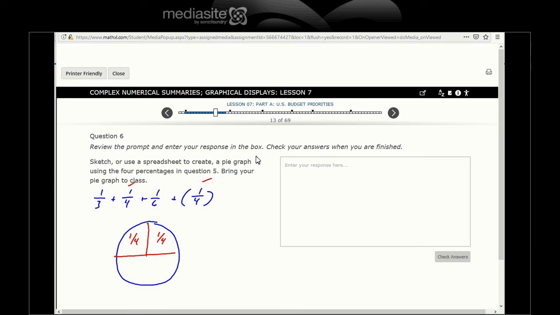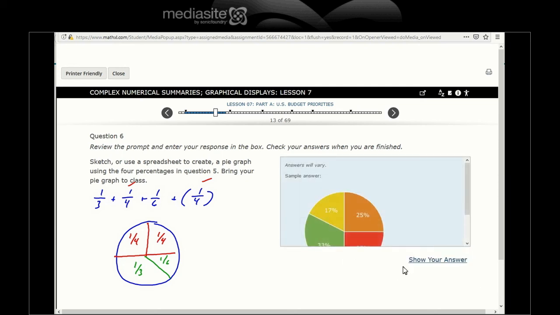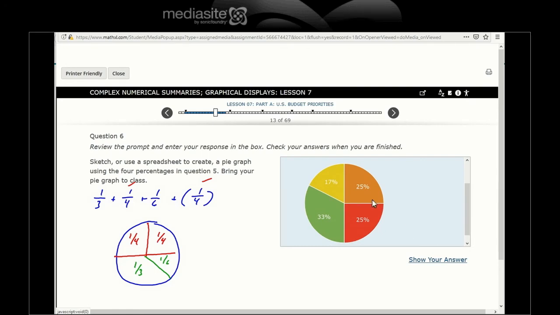One-fourth, one-fourth. 1/3, probably about like that. And a 1/6. 1/4, 1/4, a 1/3, and a 1/6.